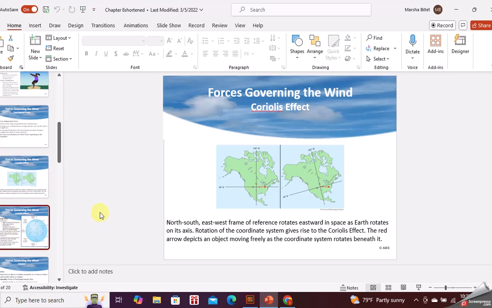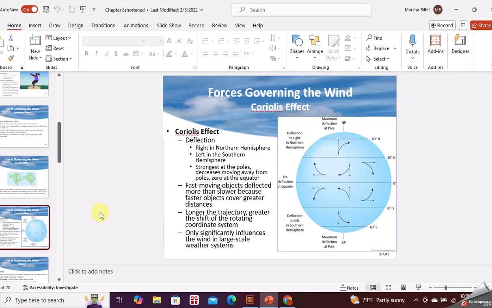So if I was shooting a billiard ball up near the North Pole, I'm going to have that ball deflect much more than if I was down at the equator where it's not deflecting at all. That little bit of difference might make your shot work or make it miss. So, believe it or not, the best billiards players actually take this into account, depending on where they are in the world.